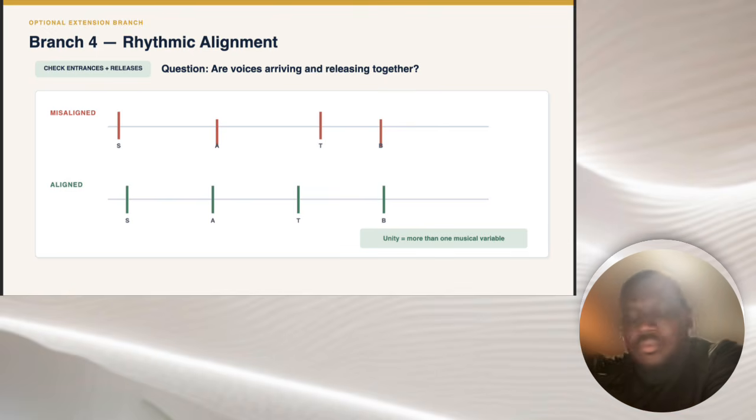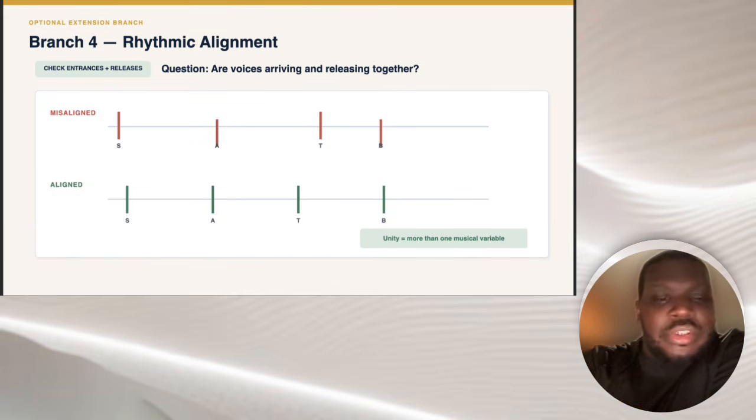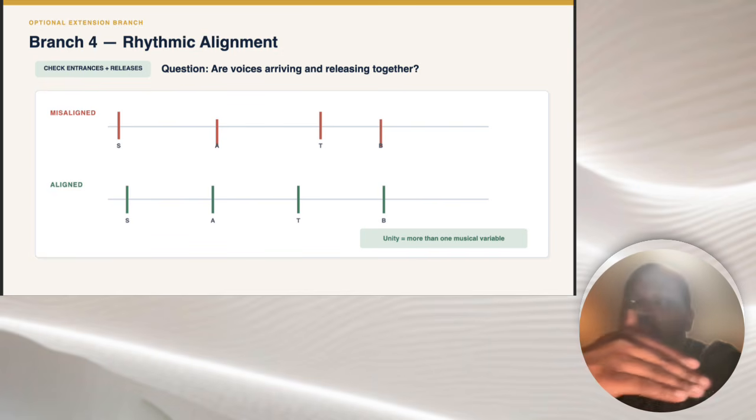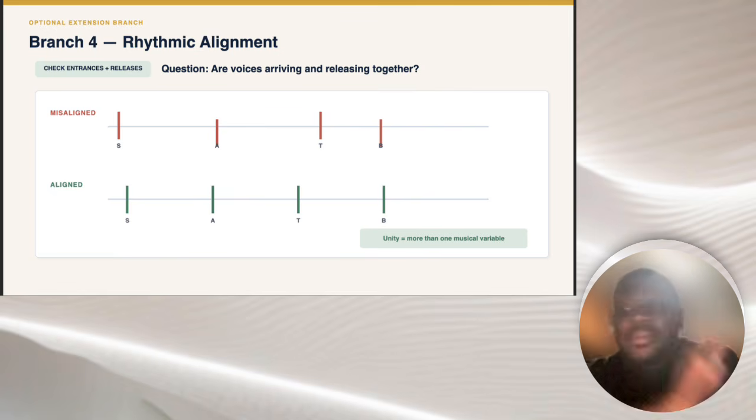We have bass here. Don't mind that, but basically it would double up with the sopranos, right? So when we have this misalignment with voices coming in and out at different times, it can sound like gibberish.